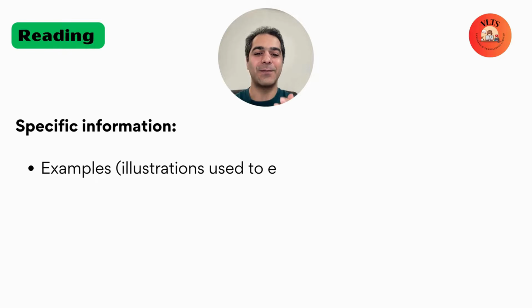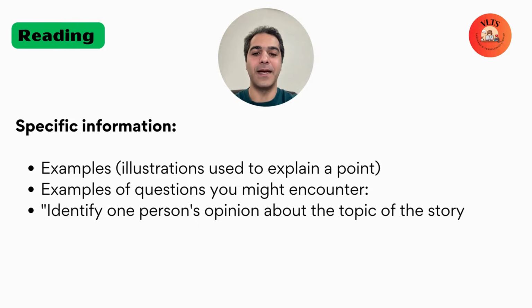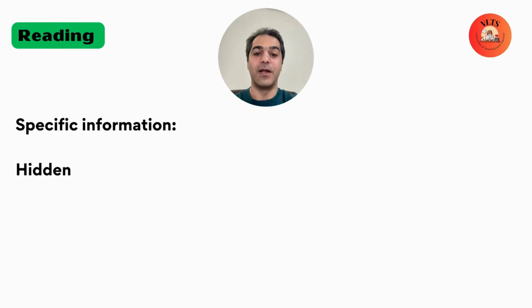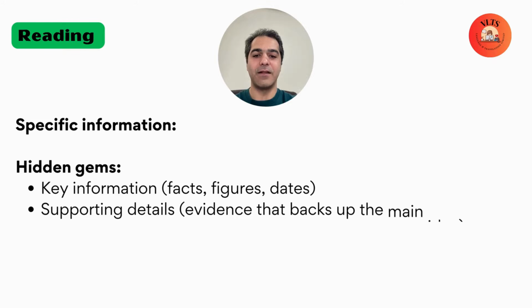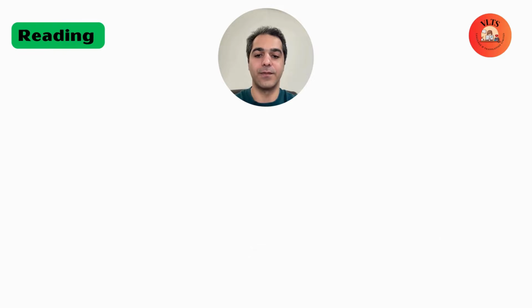These are used to explain a concept or illustrate a point made in a passage. So remember, specific details, supporting details, opinions, and examples. These are hidden gems you need to unearth to ace the detail oriented questions in the CELPIP reading section.